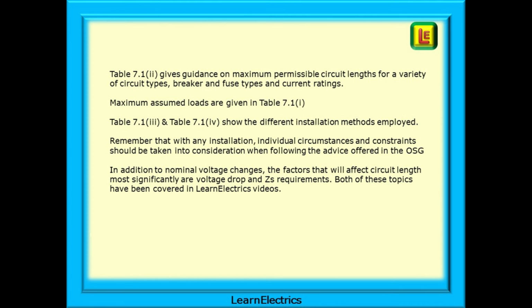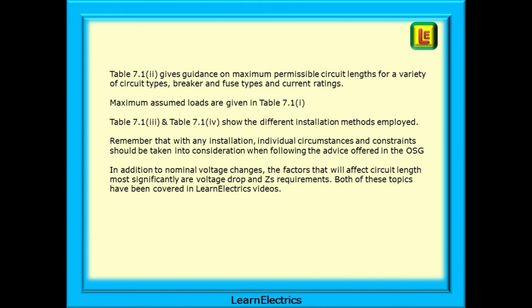Table 7.1 number 2 gives guidance on maximum permissible circuit lengths for a variety of circuit types, breaker and fuse types, and current ratings. Maximum assumed loads are given in table 7.1 number 1, and tables 7.1 number 3 and table 7.1 number 4 show the different installation methods employed.